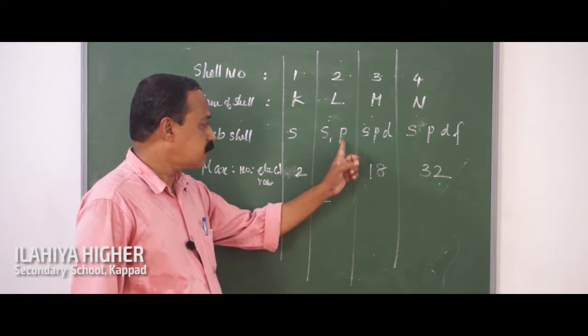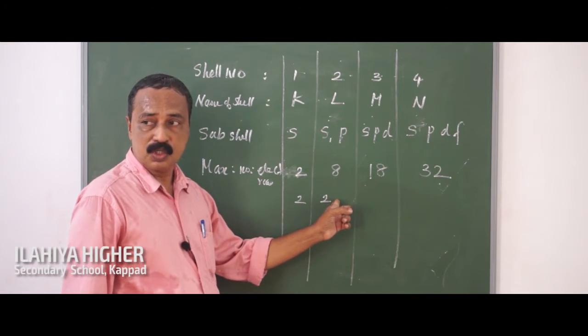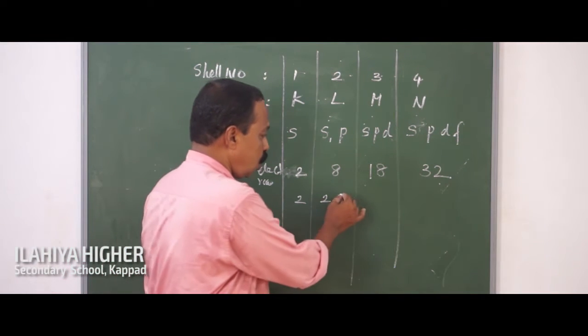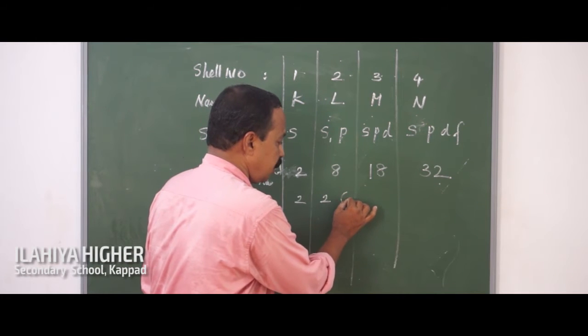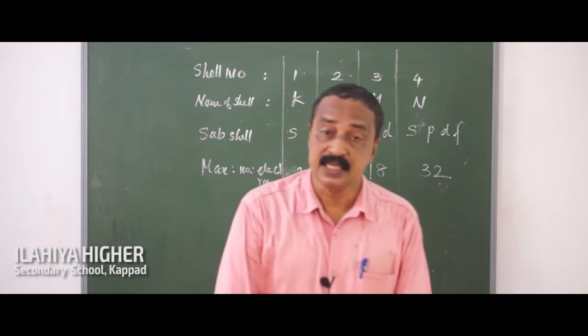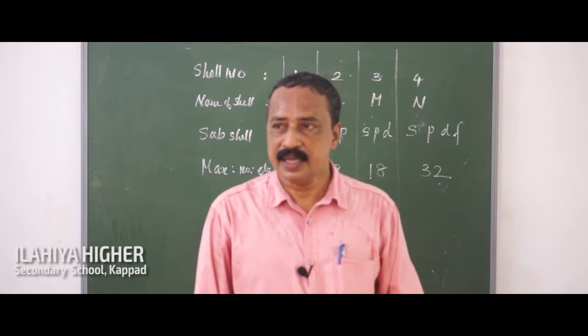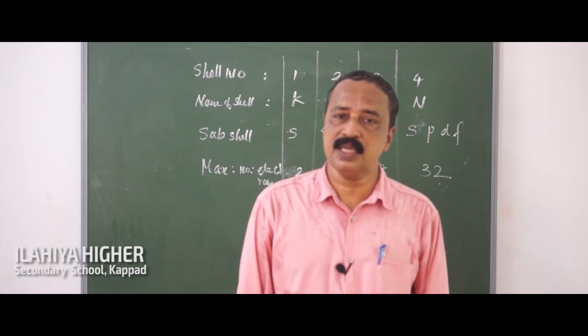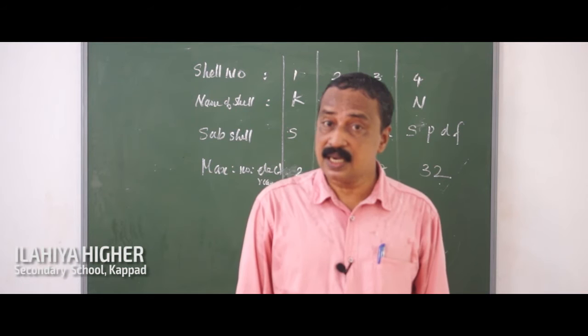So the remaining 6 electrons go to the P subshell. So the maximum number of electrons possible in the P subshell is 6.